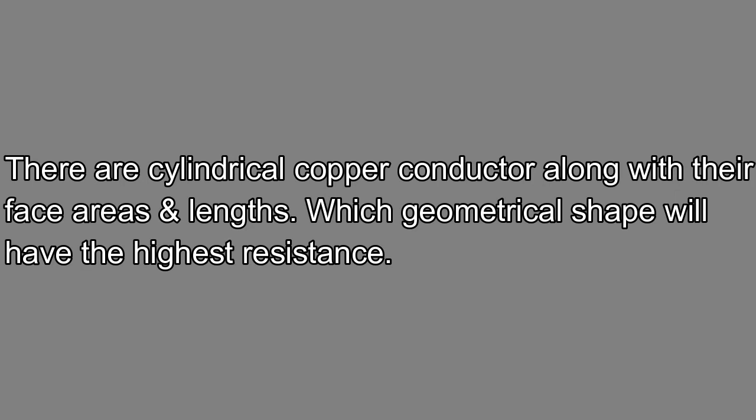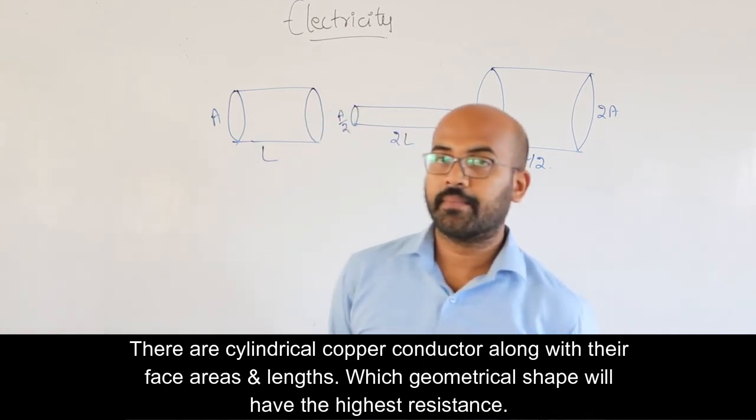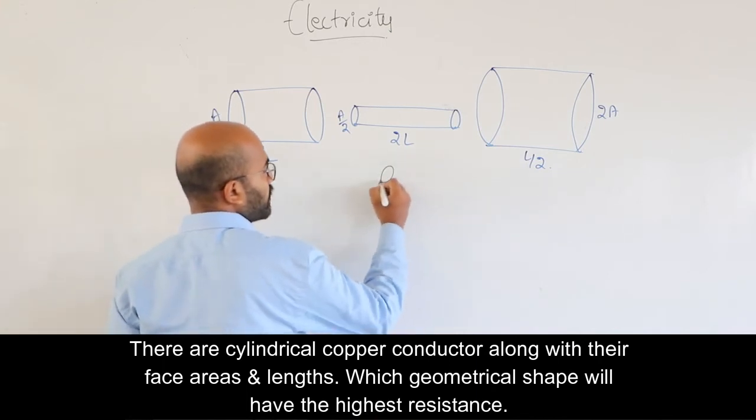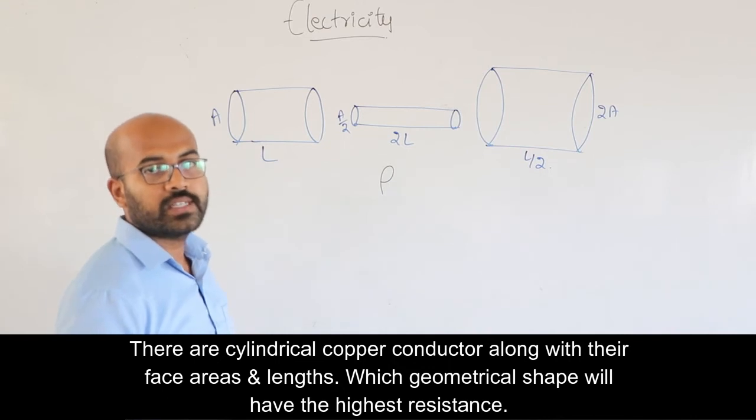The first cylinder has area of cross section A and length L. Similarly, the second has area of cross section A by 2 and length 2L. The third has area of cross section 2A and length L by 2. These cylindrical conductors are made of the same material. So the resistivity rho is the same because it is made of the same material.